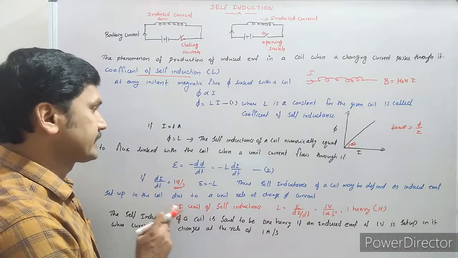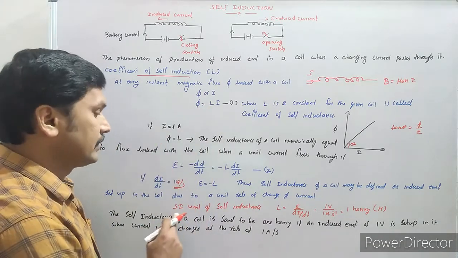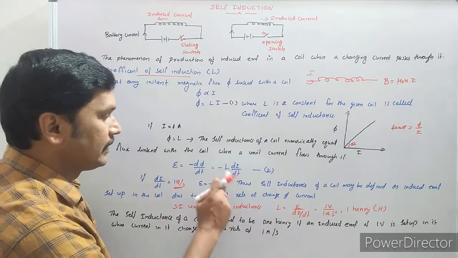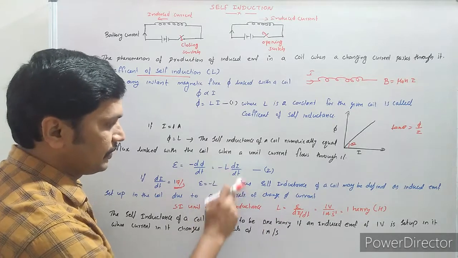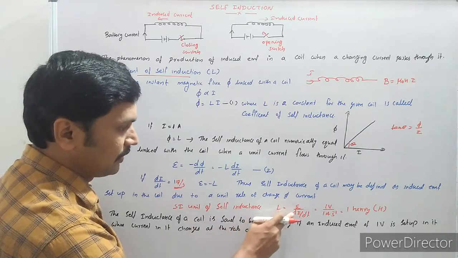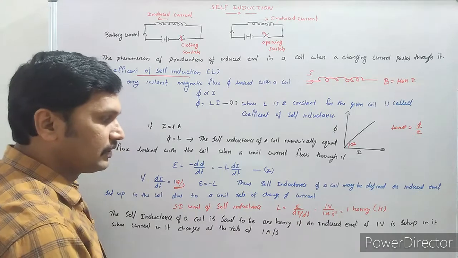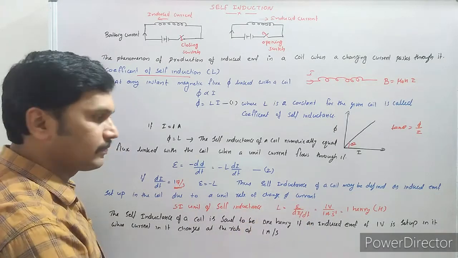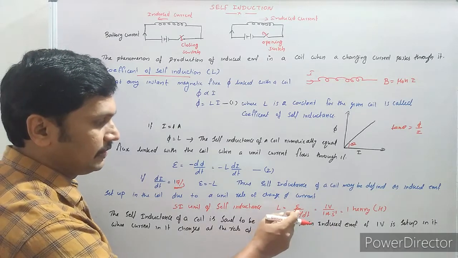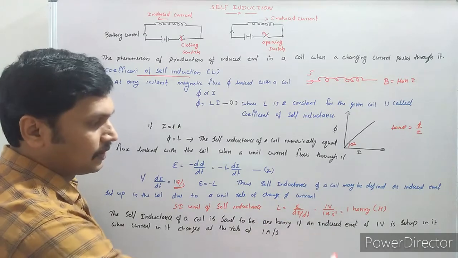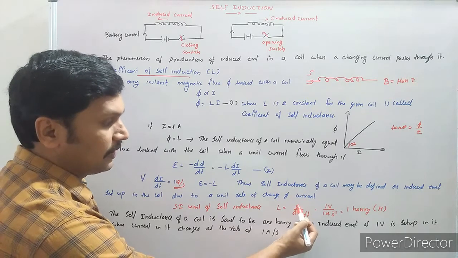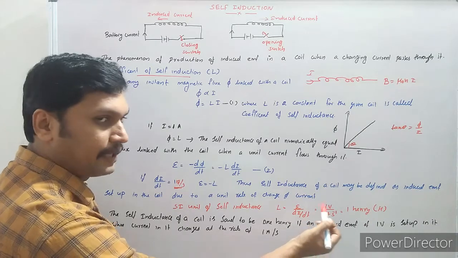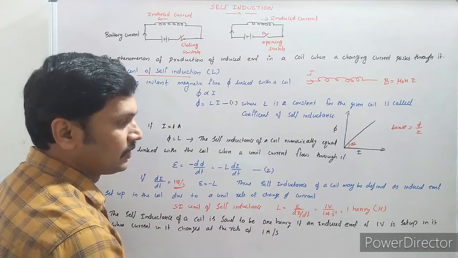Now see what is the SI unit of self-inductance. Write an expression for L. Rearranging this equation, L is equal to E divided by di by dt. The minus sign is no problem. The unit of EMF is volt and di by dt is ampere per second.